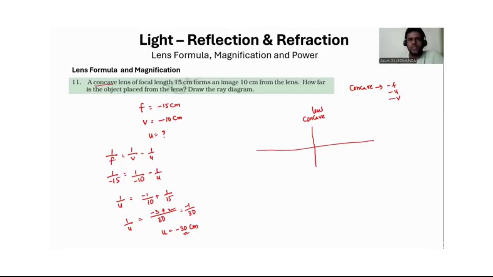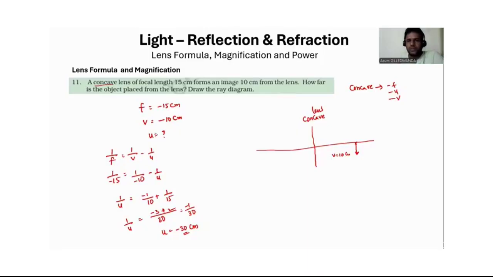So the image is forming at 10 centimeters. With the scale, I can measure 10 centimeters, or I can measure 5 centimeters if we are drawing with a 1:2 ratio, half of it. So here somewhere I'll get the image. So this is my image, real and inverted. And here I need to indicate V equals 10 centimeters.